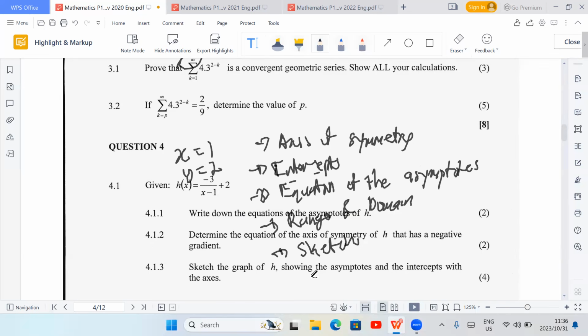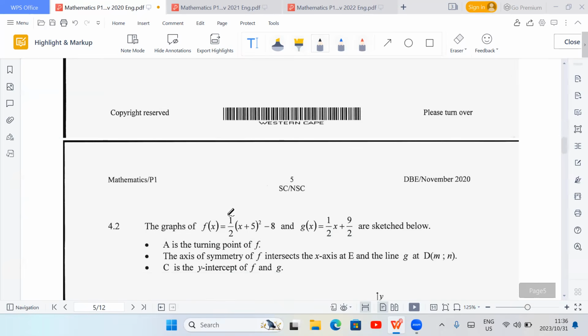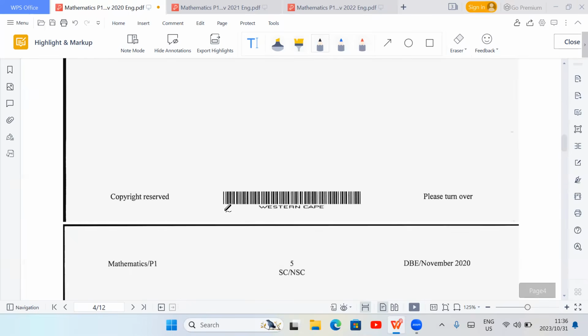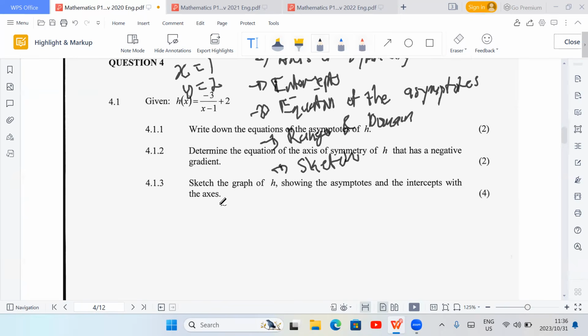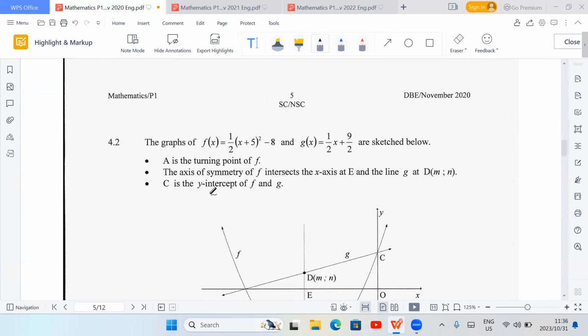They tell you what to include: sketch the graph of H showing the asymptotes and the intercept with the axis, right? So you can see the questions there that are within that range. So you must just get a total on this one. There's no excuse with hyperbola functions. There's just no excuse.